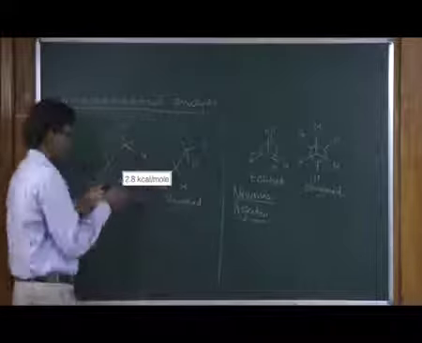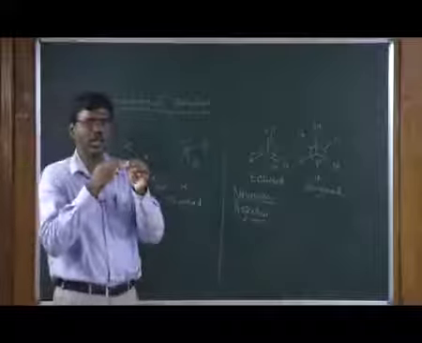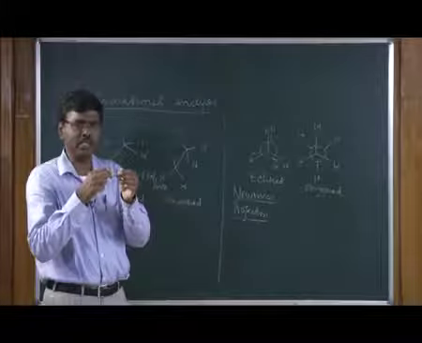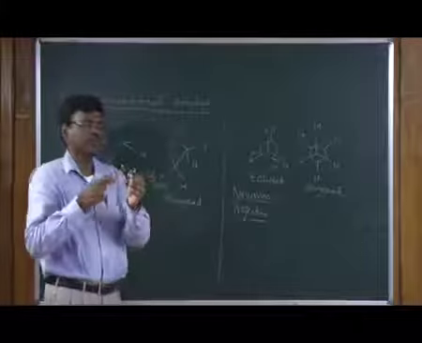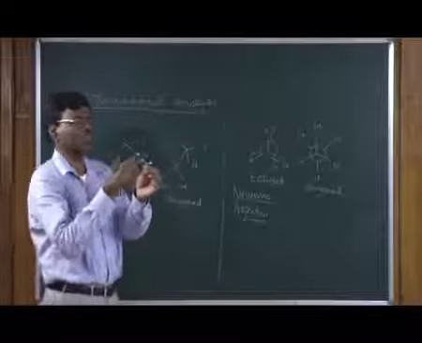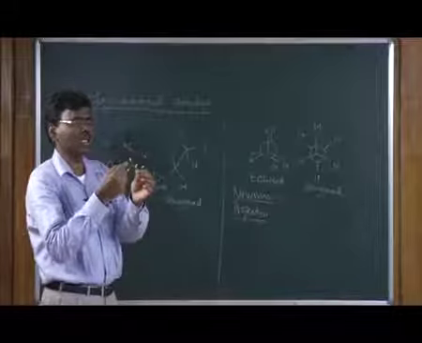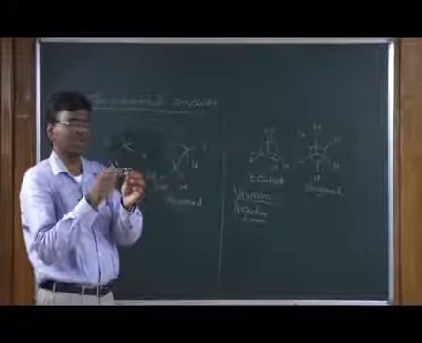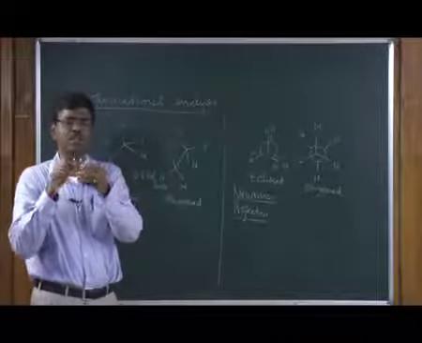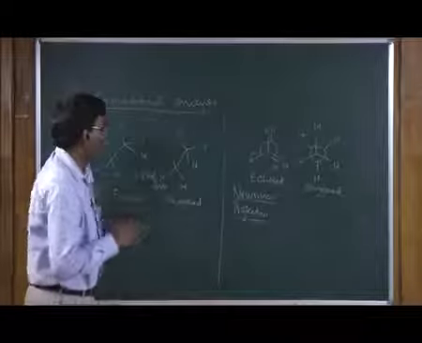So, due to the repulsion between these two bond pairs, it has more potential energy compared to that. In this case, this CH bond is in between these two, so there is less interaction between the bond pairs compared to the eclipsed conformation.